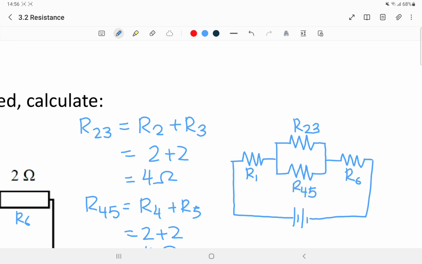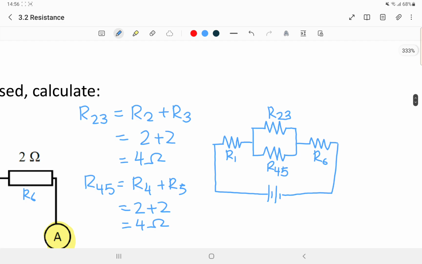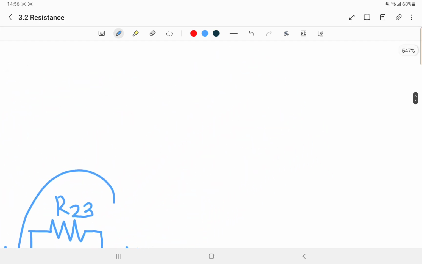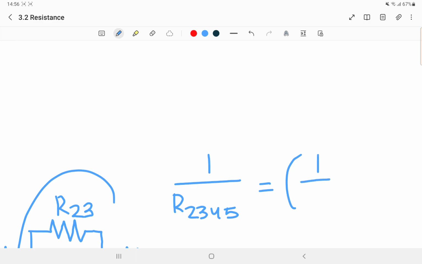Okay, so now we can see R2, 3 and R4, 5 are in parallel, and we want to make this into series, so we can use the formula for effective resistance for parallel, which is like this: R2, 3, 4, 5 equals 1 over R2, 3 plus 1 over R4, 5.